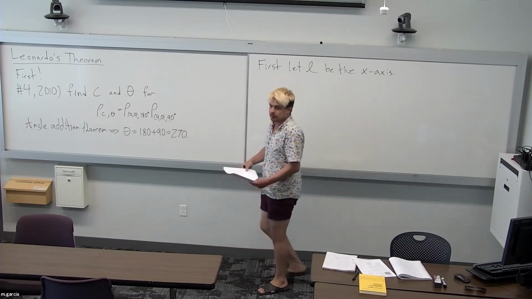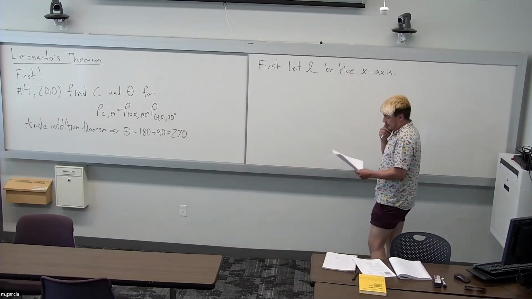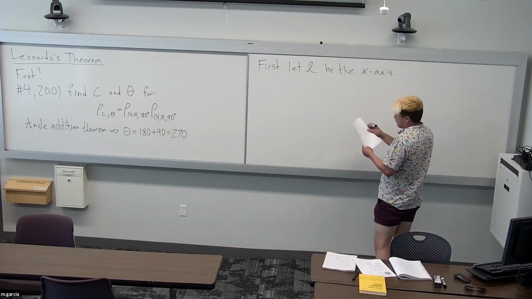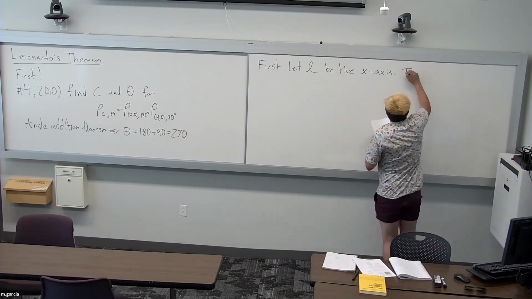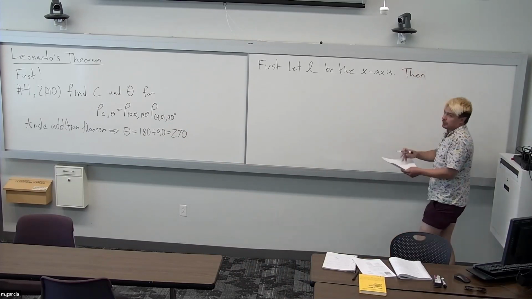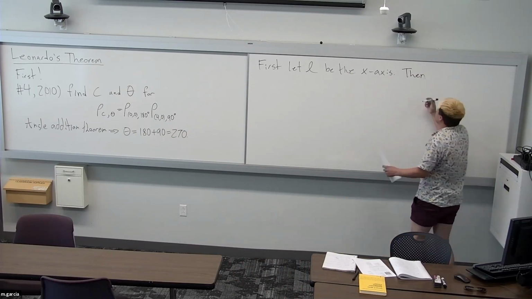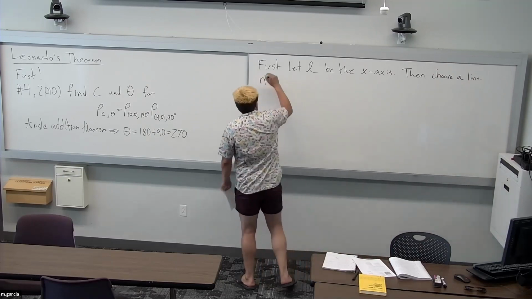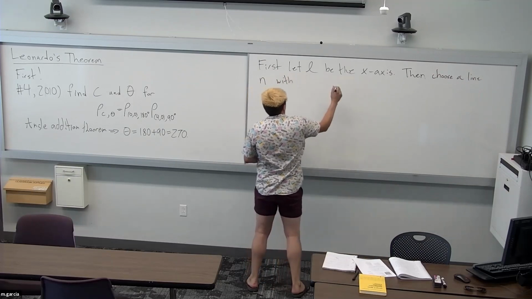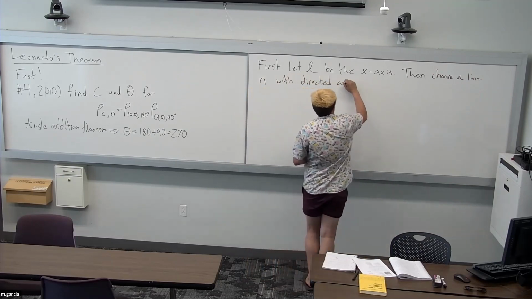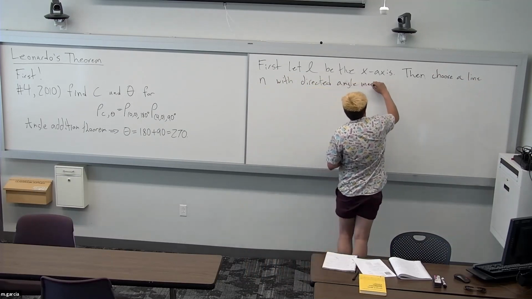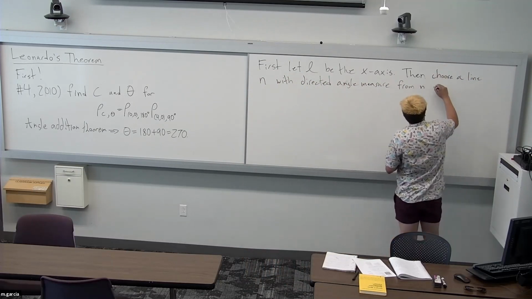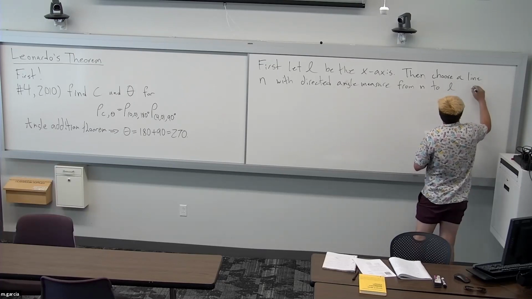Then, to follow the notation in the solution that you all have, we'll choose a line N, they call it, with directed angle measure from N to L, 45 degrees.